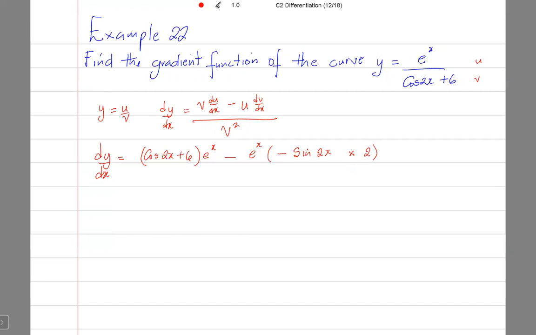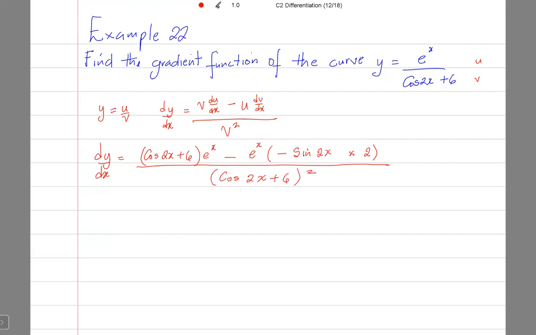And this is all over v squared, which is cosine 2x plus 6 all squared.